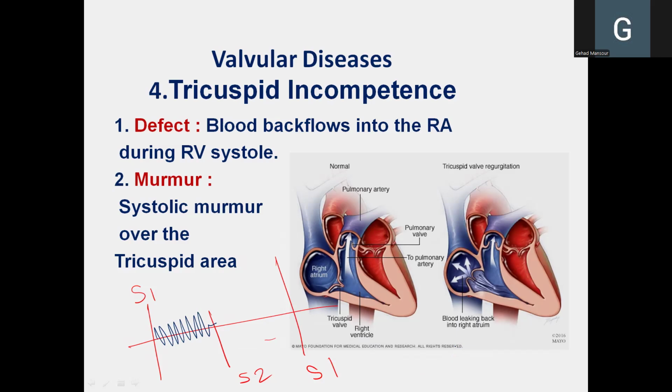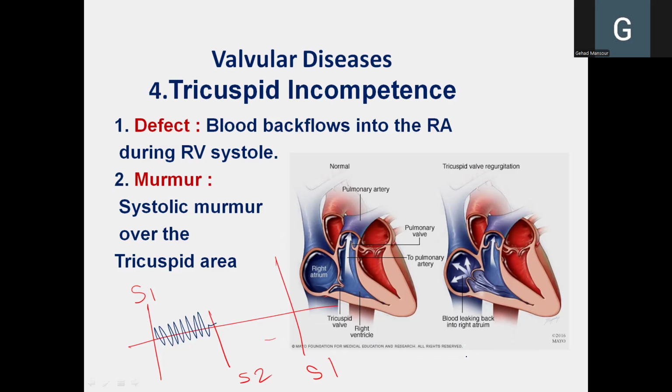But what's the difference between mitral incompetence and tricuspid incompetence? Both result in a systolic murmur. Both occur during contraction of the ventricles when the corresponding valve is incompetent and when there is backflow of some blood from the ventricle into the atria during systole.